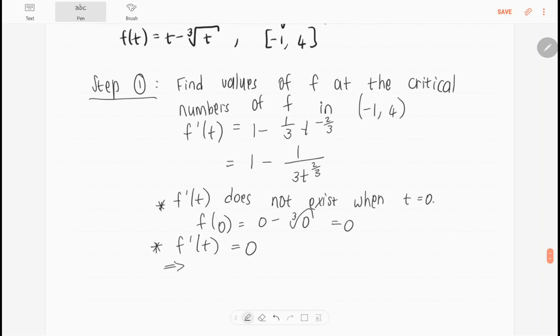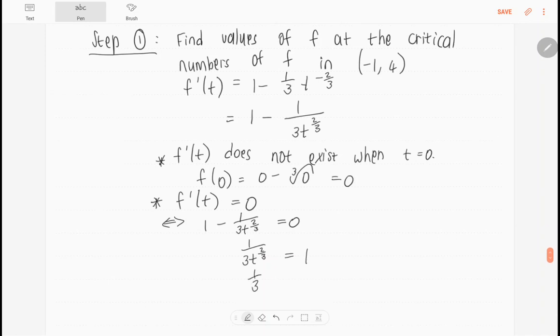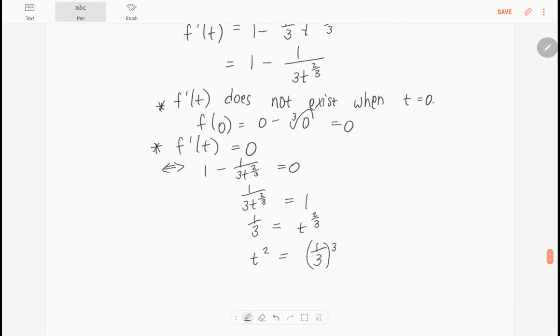So that will be if and only if 1 minus 1 over 3 t to the 2 over 3 equals 0. So that means that 1 over 3 t to the 2 over 3 must equal 1, which means a third must equal t to the 2 over 3, which means that t squared must equal 1 over 3 cubed, which means that t must equal plus or minus the square root of 1 over 27.